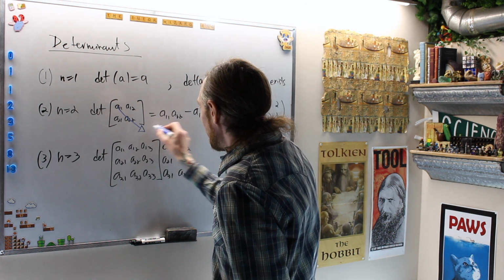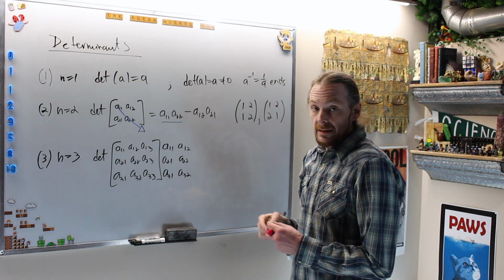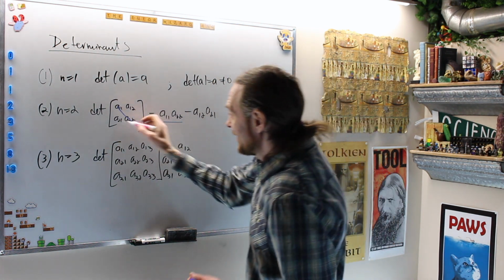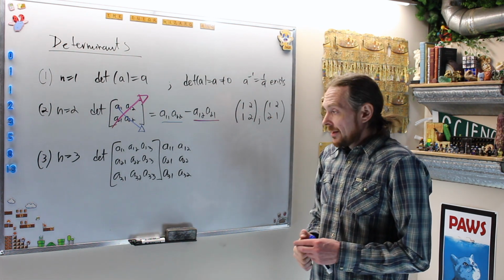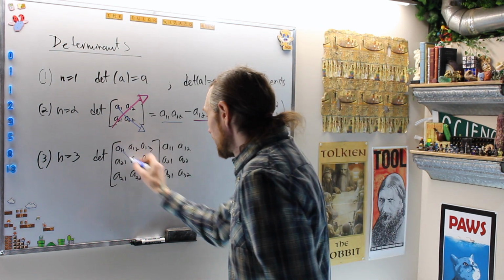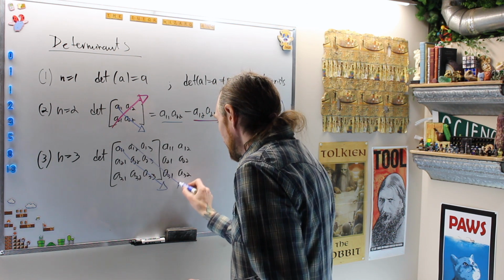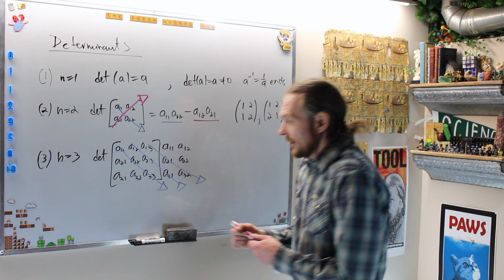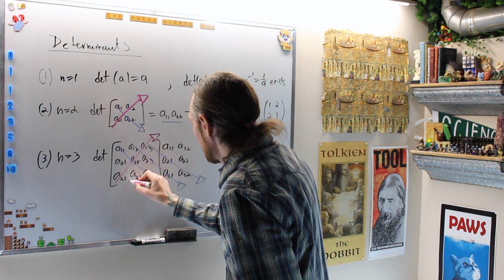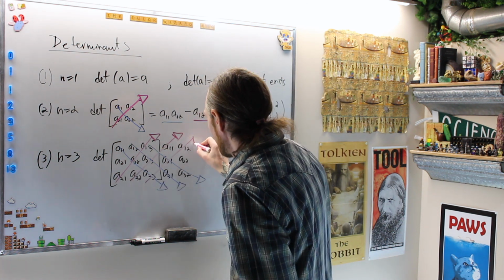In the 2 by 2 case we did this and then minus this one. Here what we're going to do is plus, plus, plus, and then minus, minus, minus.